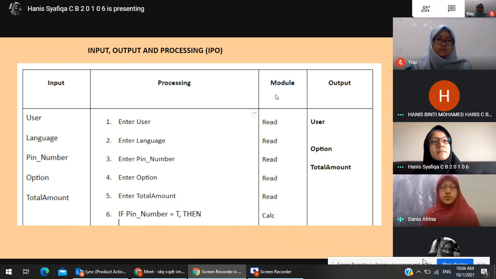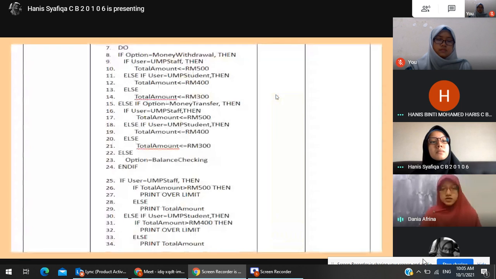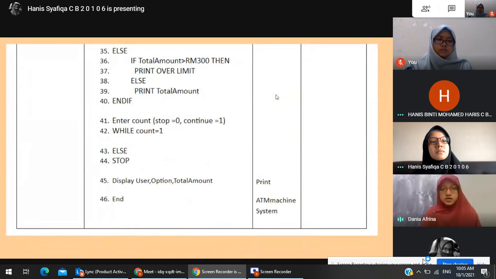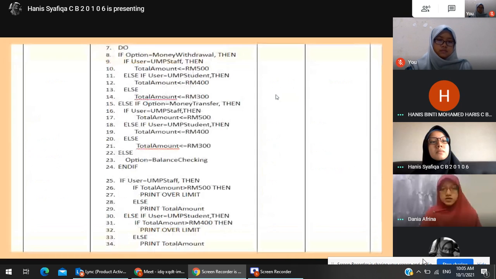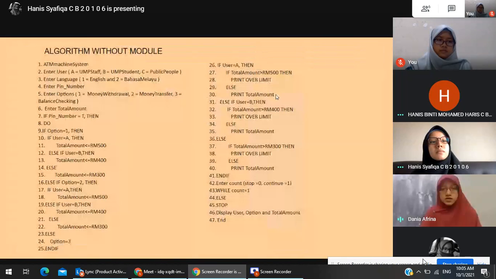The module is from IC, which is read for input, print for output, and for the end, the ATM machine system. Lastly, the output is user, option, and total amount.